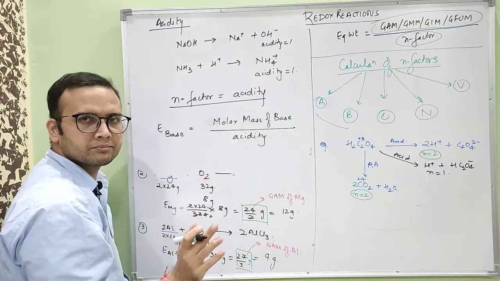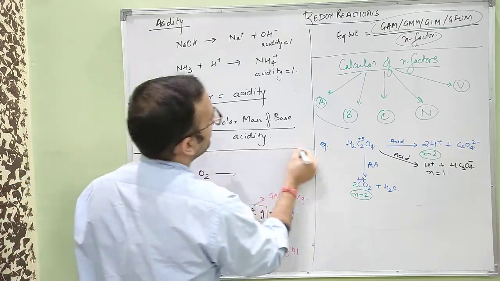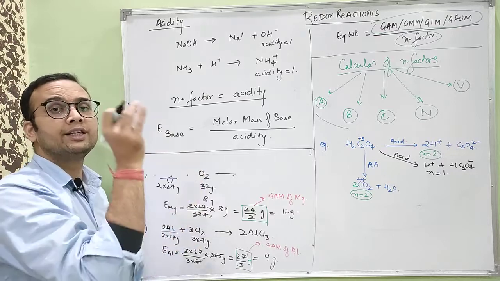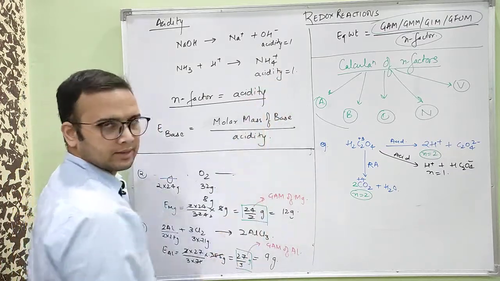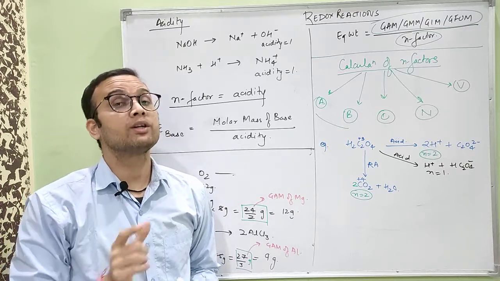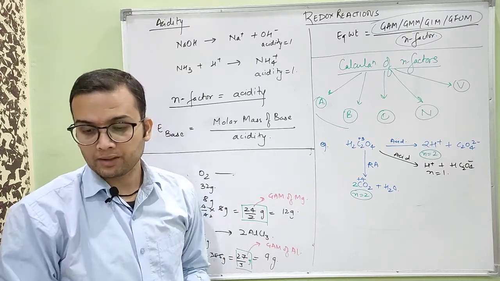That's it. Got it? This is how you will calculate the equivalent weight of any base. Now again, I told you it depends on the situation. Let's take some examples.